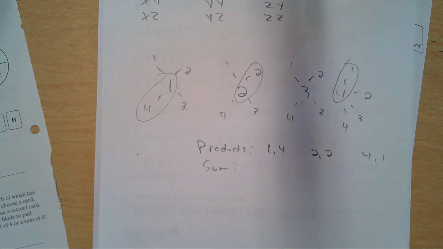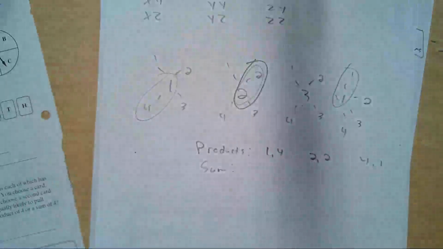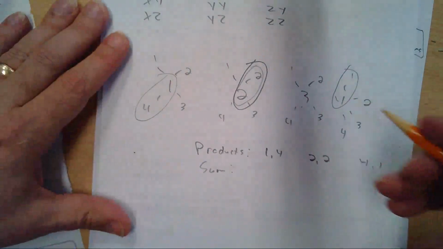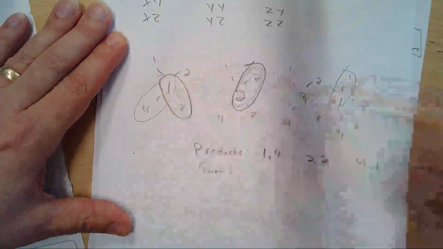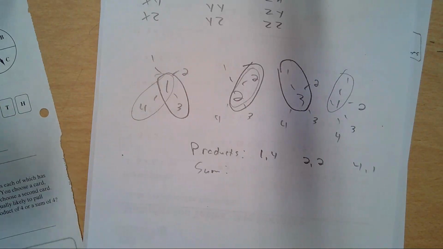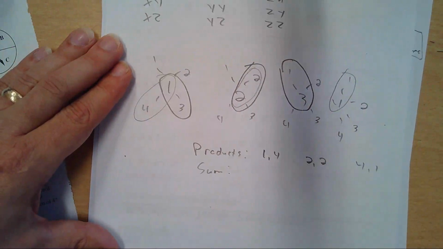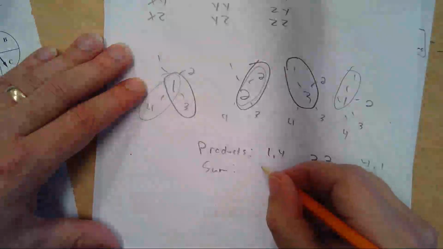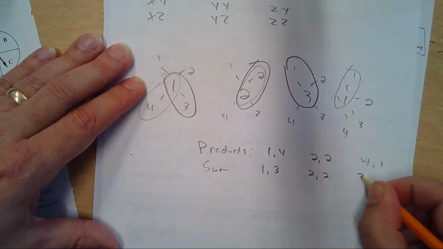So what plus what equals 4? 2 plus 2. 1 plus 3, 3 plus 1. 1 plus 4 equals 5, not 4. That's it. So my sums are 1 and 3, 2 and 2, 3 and 1.